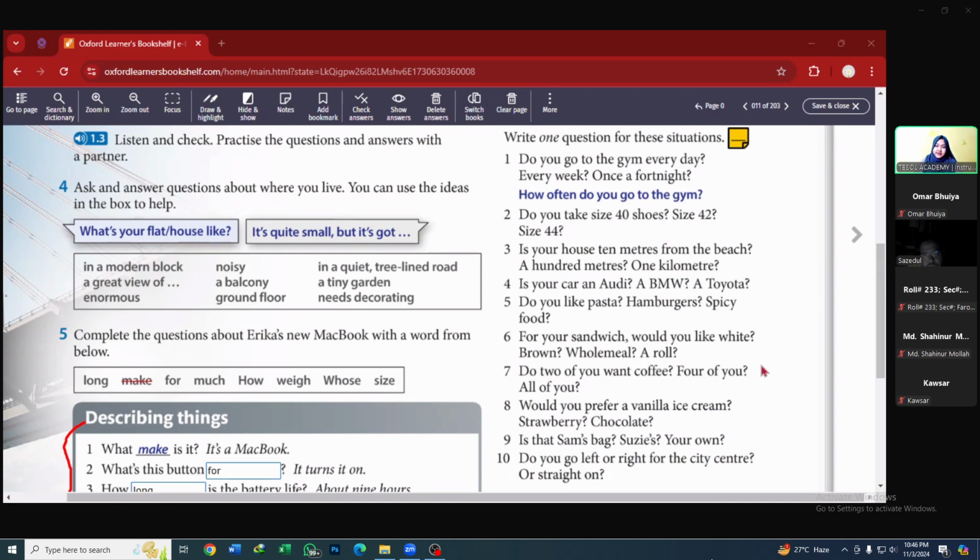Say the question again. Which kind of bread would you prefer for your sandwich? Very good, very good. Well tried. Which kind of bread would you like or would you prefer for your sandwich? Very good. Well tried, Mr. Sajidul.